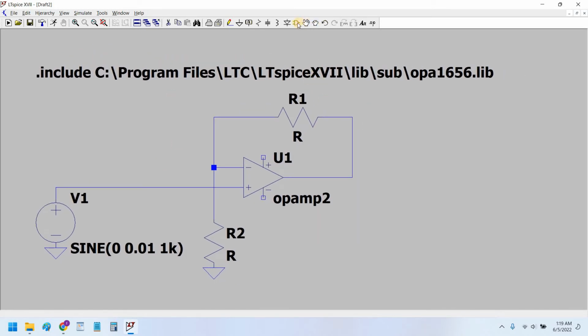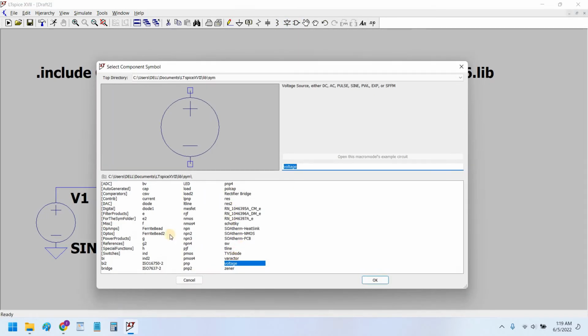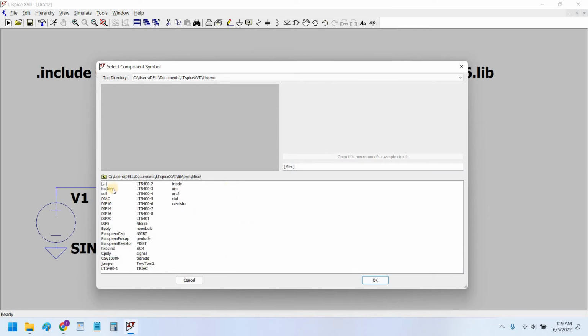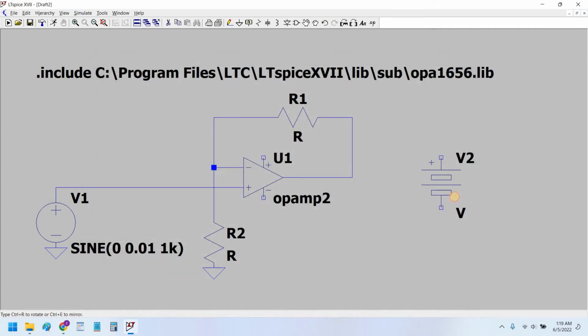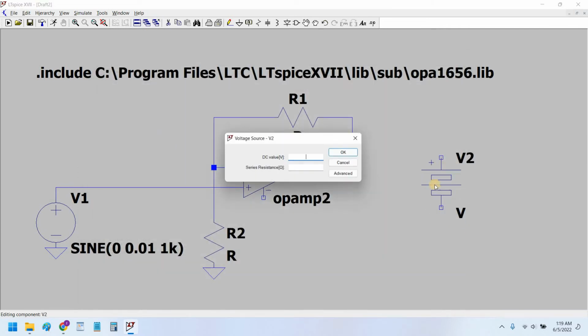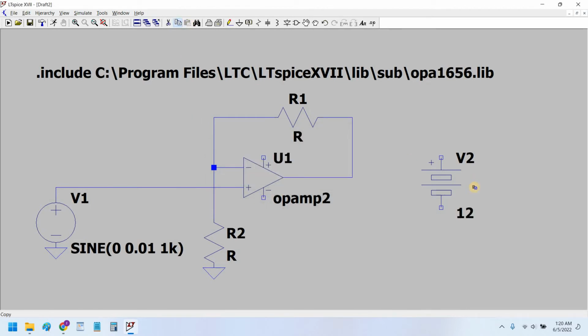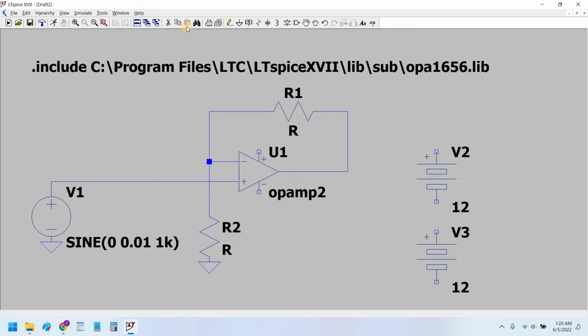Now we are going to use the supplies. So here is the battery. Let's take it 12 volt, and copy this battery and paste again to make it a dual supply source.